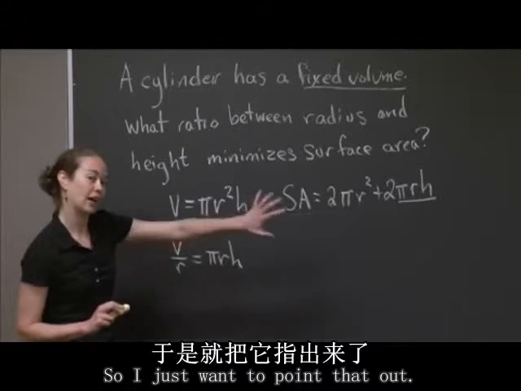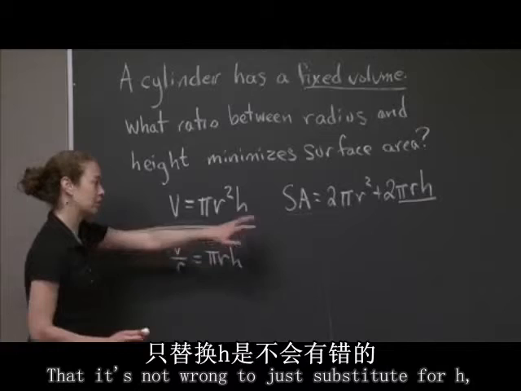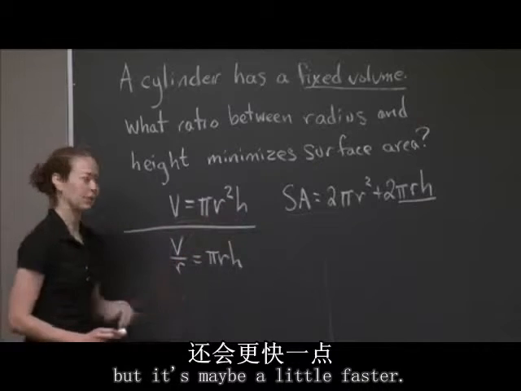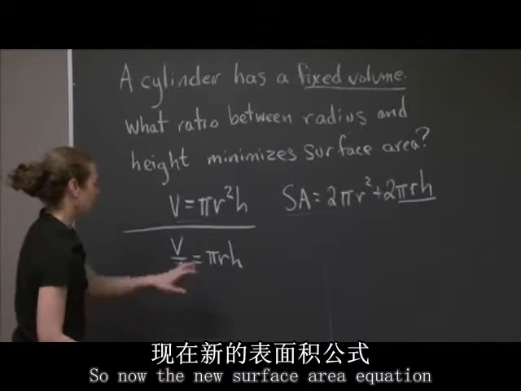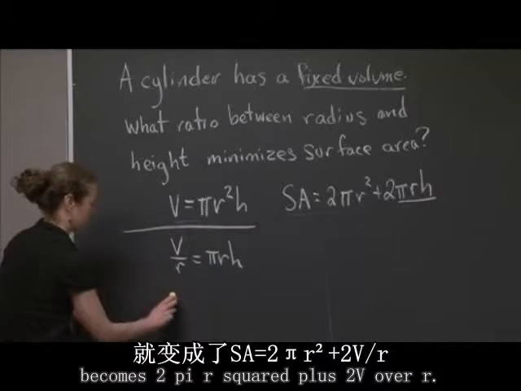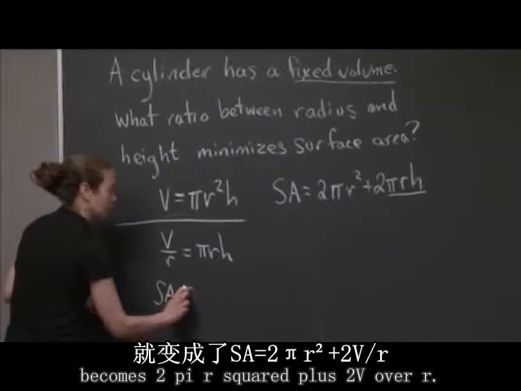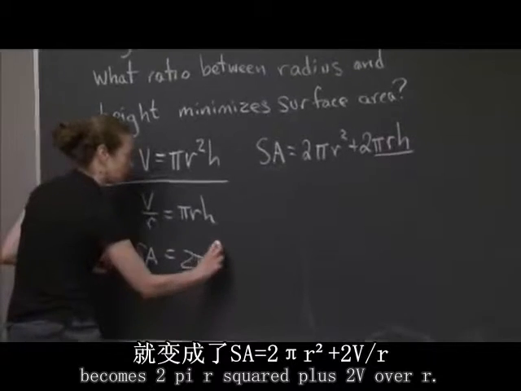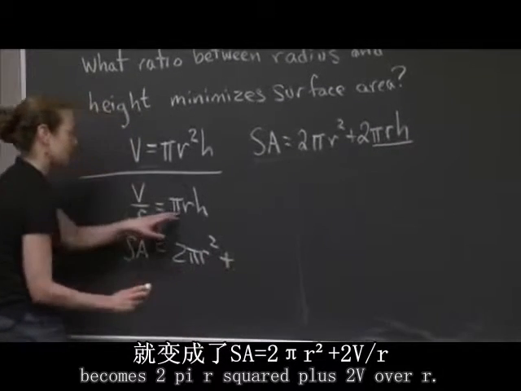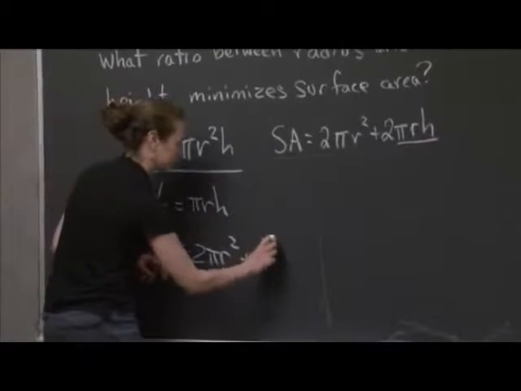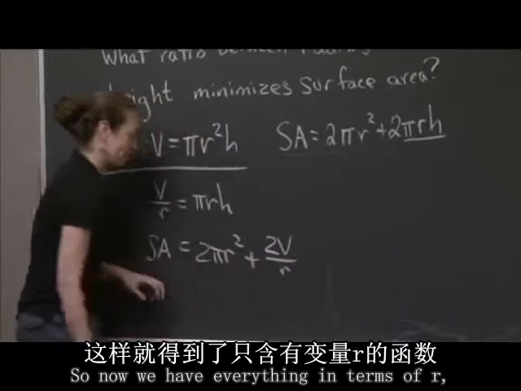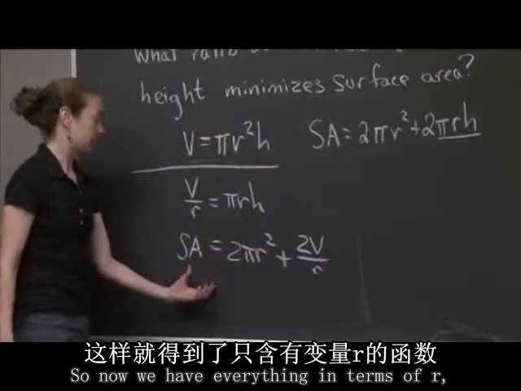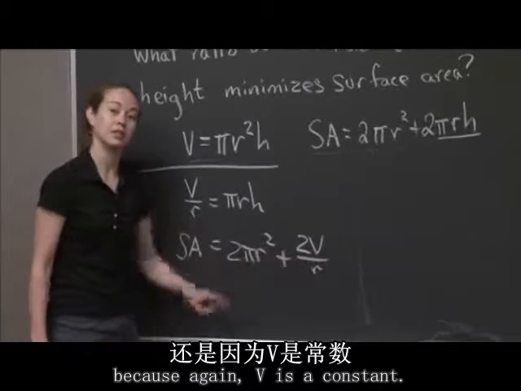So I just want to point out that it's not wrong to just substitute for h, but this is maybe a little faster. So now the new surface area equation becomes 2 pi r squared plus 2V over r. So now we have everything in terms of r, because again, V is a constant.